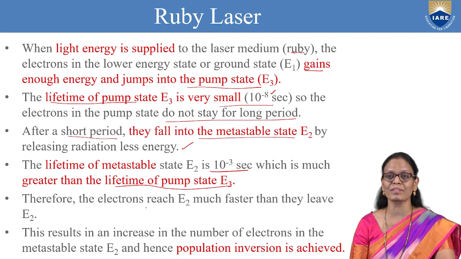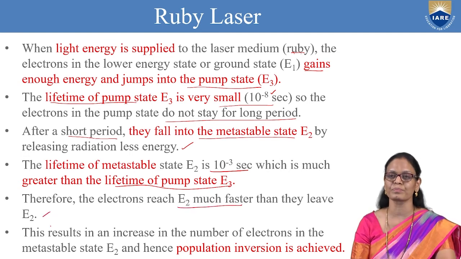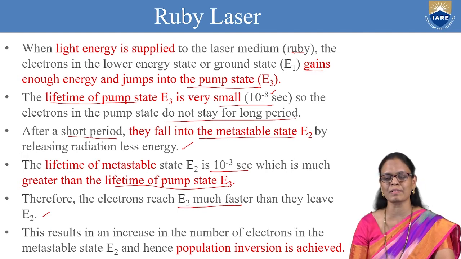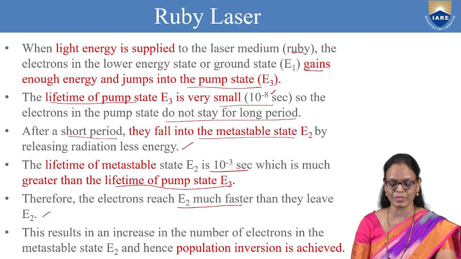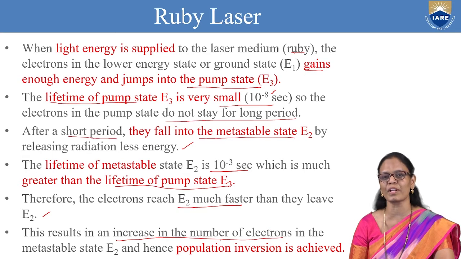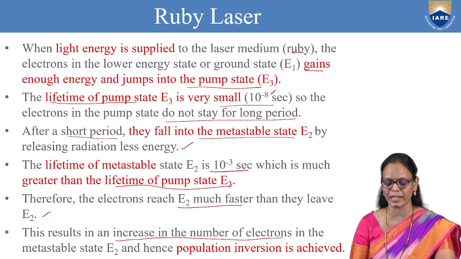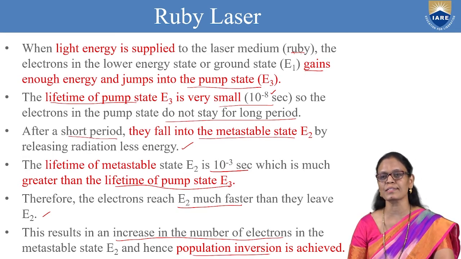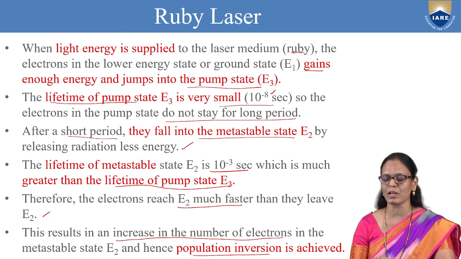So, therefore, electrons reach E2 much faster than they leave E2. So, immediately from the excited state, they are coming to the metastable state, but they are staying there for a longer time. And because of that, it results in an increase in the number of electrons in the metastable state and population inversion is achieved. So, why we are discussing all this is to achieve population inversion.